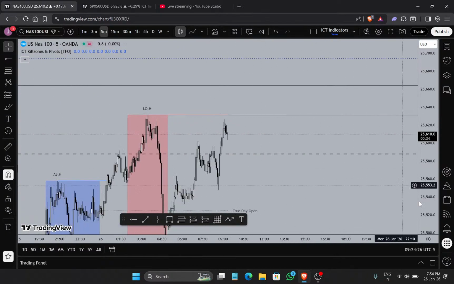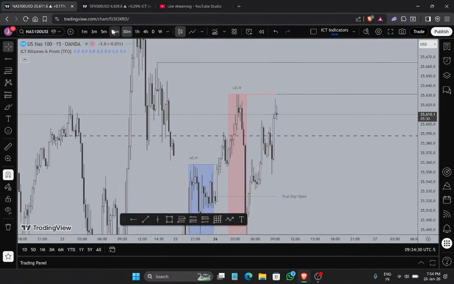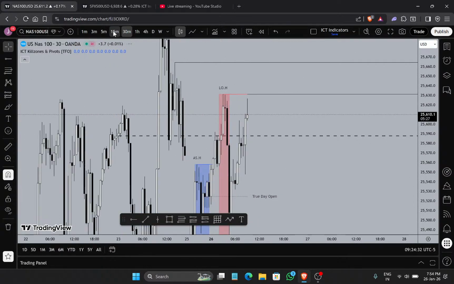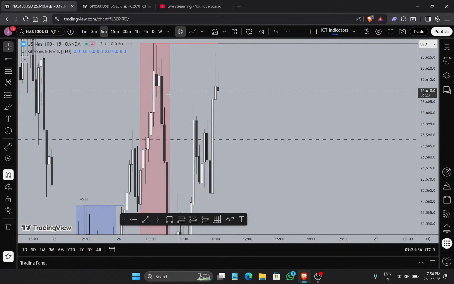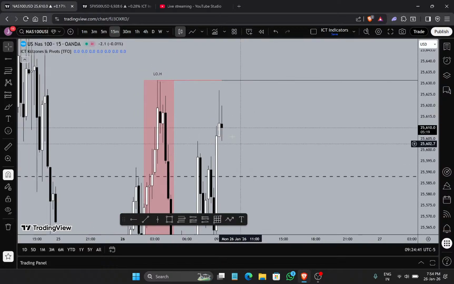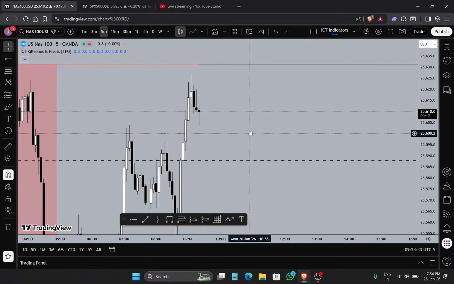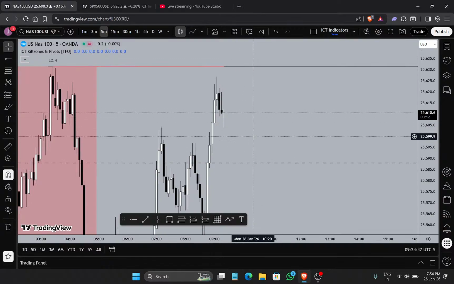So we can expect something like that, to inside this gap, and we can target this. That is our plan today.